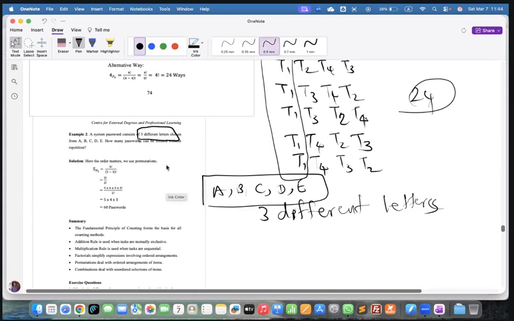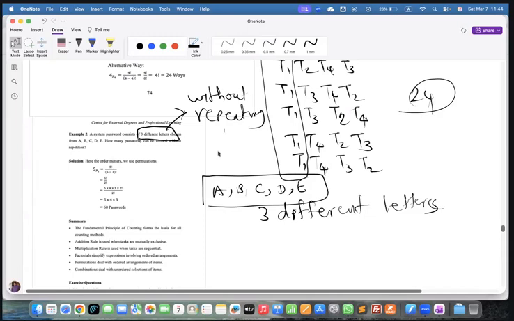The meaning of 3 different letters is without repetition, without repeating the same letter. That is the meaning.